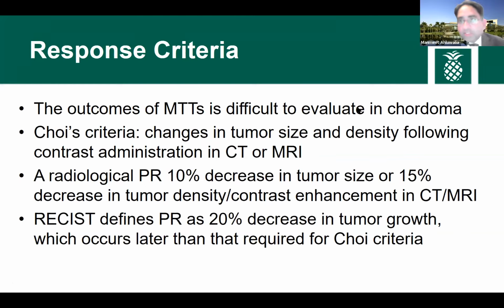The RECIST, on the other hand, defines a PR when the decrease in the tumor size is 20%. So it's a deeper response compared to the CHAW criteria. So just keep that in mind whenever you read a paper with a molecular targeted agent in terms of which criteria is being used, so that you can compare apples to apples.